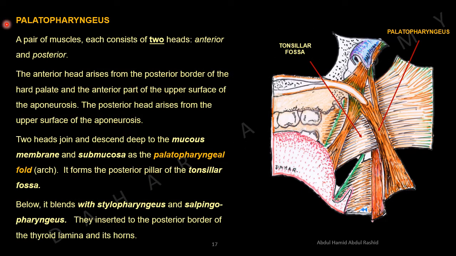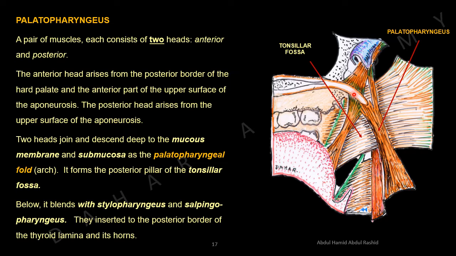Palatopharyngeus muscles, a pair of muscles, each consists of two heads, anterior and posterior. The anterior head arises from the posterior border of the hard palate and anterior part of the upper surface of the aponeurosis. The posterior head arises from the upper surface of the aponeurosis.